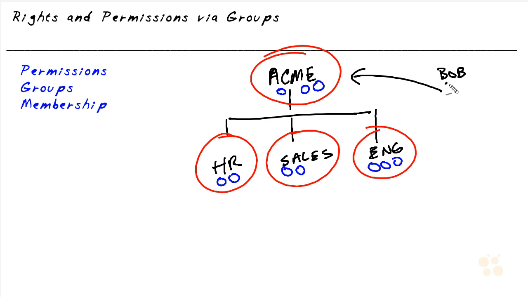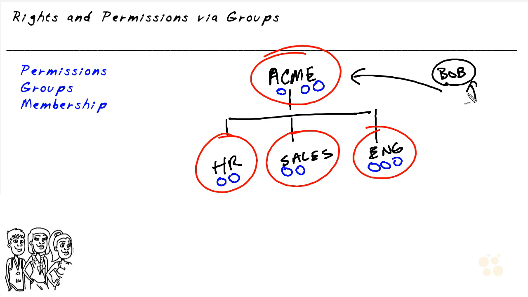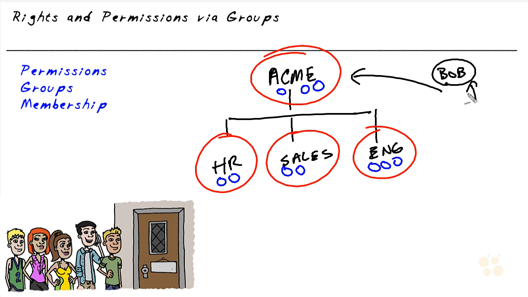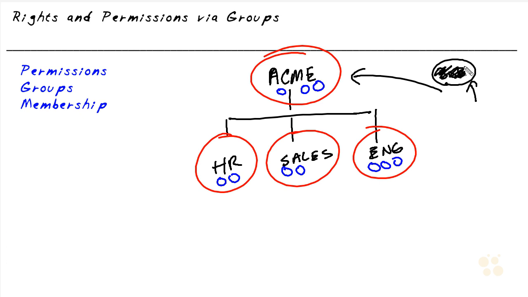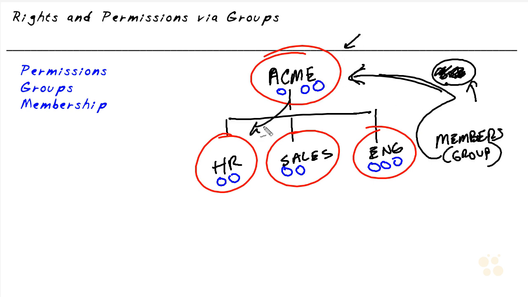But the challenge I learned early on is that if we give Bob as an individual account rights and permissions to the top level site and he inherits those, that's fine for Bob. But what if there's like 2,000 or 3,000 other people that need those same rights? It's a hassle to go in user by user and manage rights at that user level. So instead, here's what we do. We set up groups. Let's say we have a group called members, and we give that members group access to the top level site, which are inherited by default in our topology down to these subsites.